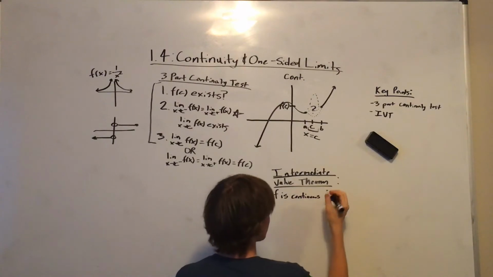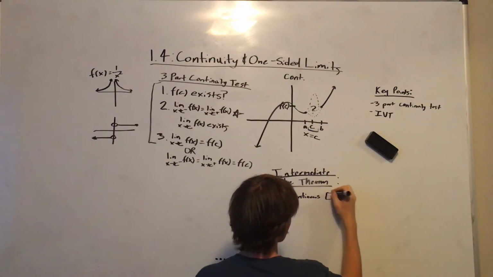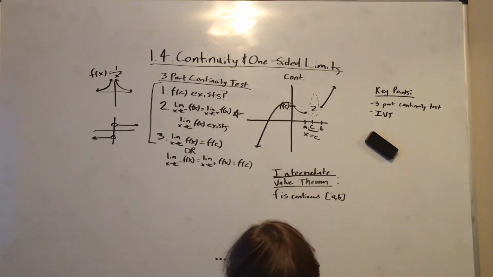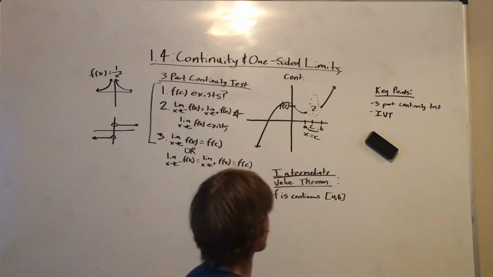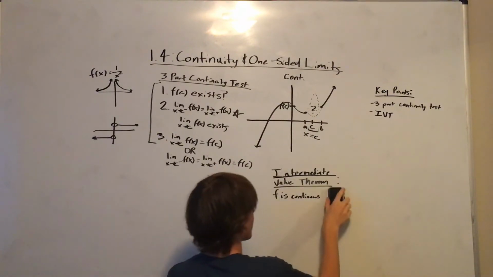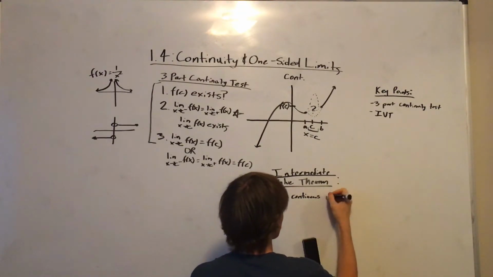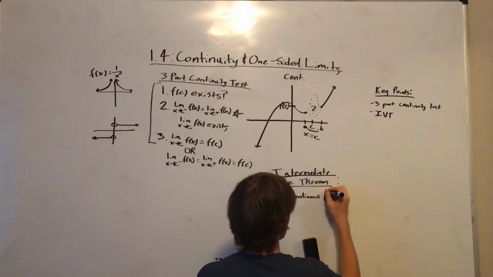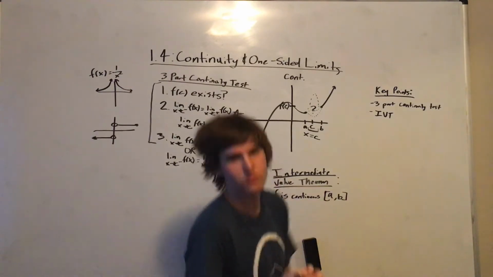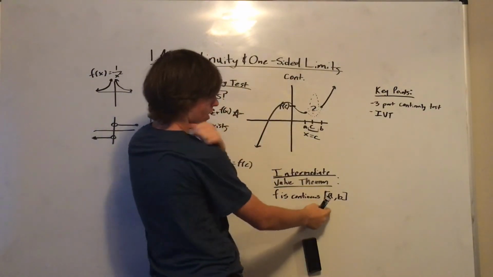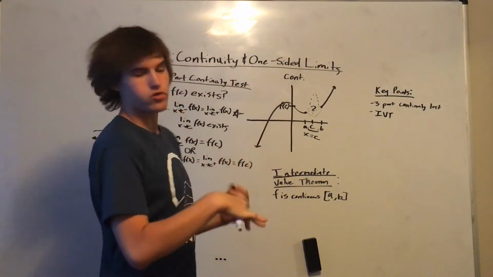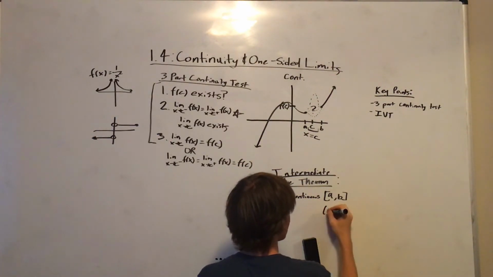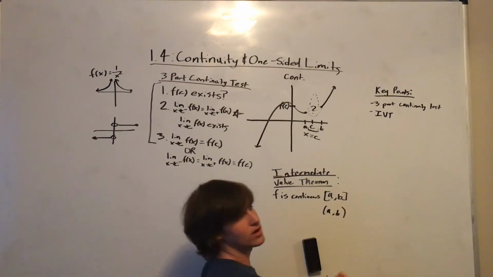on, I believe, the closed interval AB, meaning including the endpoints. I'm going to check on that just to make sure. Yes, I'm right. So your function f must be continuous on the closed interval AB, meaning from x equals a to x equals b, including those endpoints. These square brackets represent including the endpoints, and these normal parentheses style brackets are excluding the endpoints.